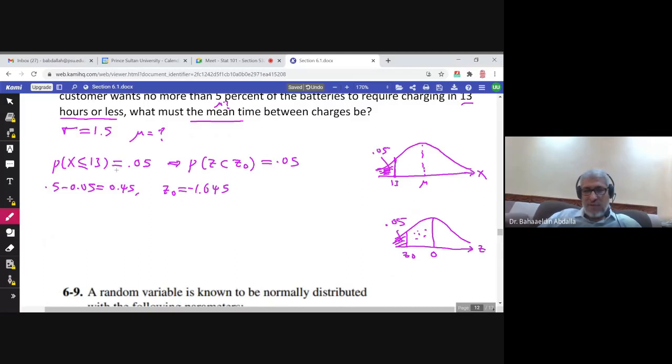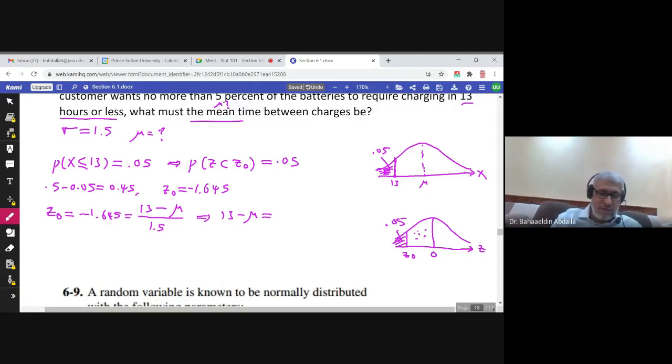What about X0? We know that Z0 equals 13, which is X0, minus mu, which is unknown, over sigma, which is 1.5. So this equation has mu as an unknown. You solve it, and you find the value of mu.